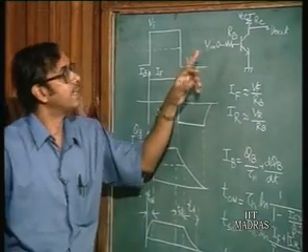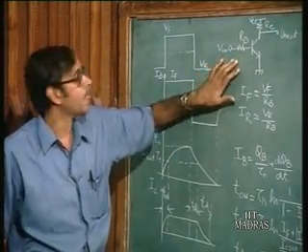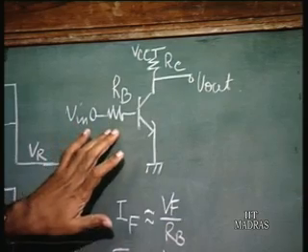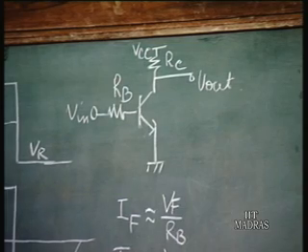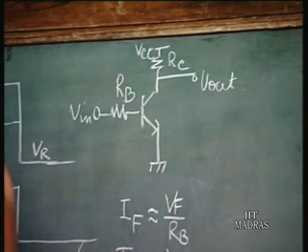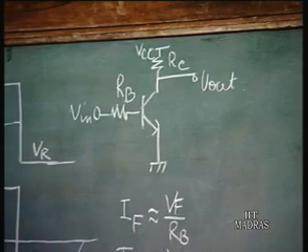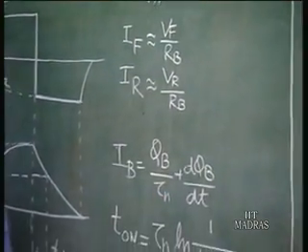If you look at this circuit here, come back to this circuit. Now, if we increase both RB and RC by the same amount, the same factor, what happens to these delays due to the diffusion, due to the stored charges?